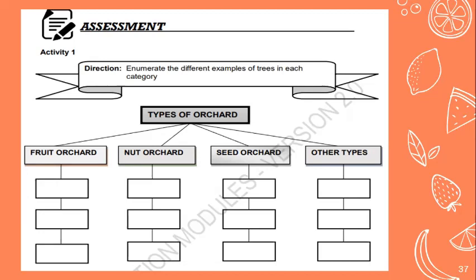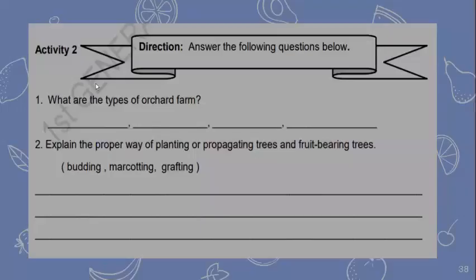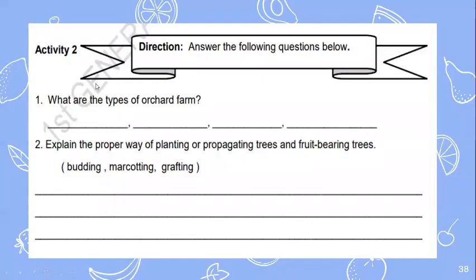List down the trees: examples of trees that belong to fruit orchard, nut orchard, seed orchard, and other types. So this is your assessment 1. For your assessment 2, here, you're going to answer the following questions.